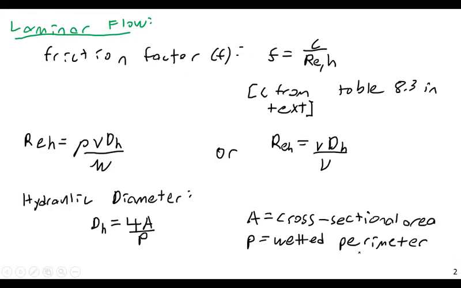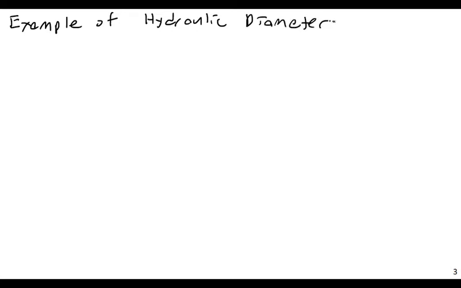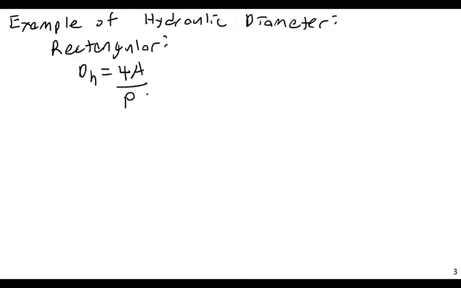So using that, let me give you an example of how this hydraulic diameter works. If we have a rectangular pipe, and it would be different for really any type of cross section, but for a rectangular pipe, again, d_h is going to be equal to 4A over P. Let's say we had a rectangular pipe that was entirely full of water.